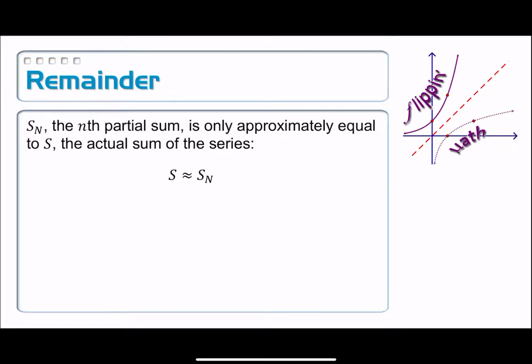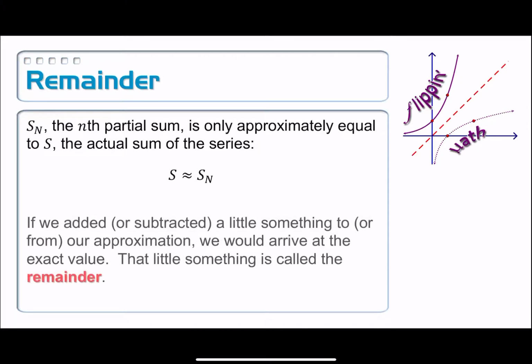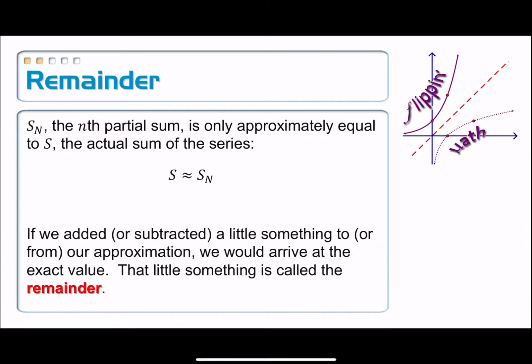What are those still going to contribute to our sum? If we added or subtracted a little something to our nth partial sum, I could arrive at the actual sum of that series. And that thing that I add or subtract, we're going to call the remainder.